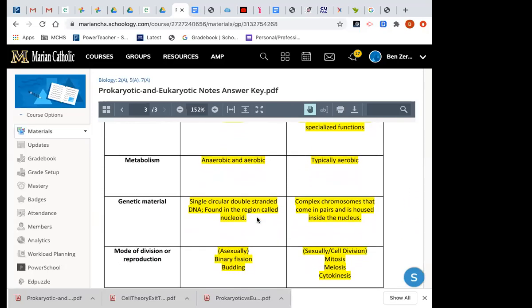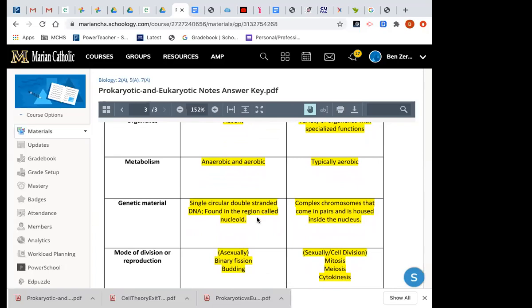Three more. Now, metabolism, we're going to spend a whole chapter on metabolism. It'll actually be like 3 weeks from now that we start talking about metabolism. So I won't be including this on the quiz next week, but just so you know, most prokaryotes can be anaerobic or aerobic.